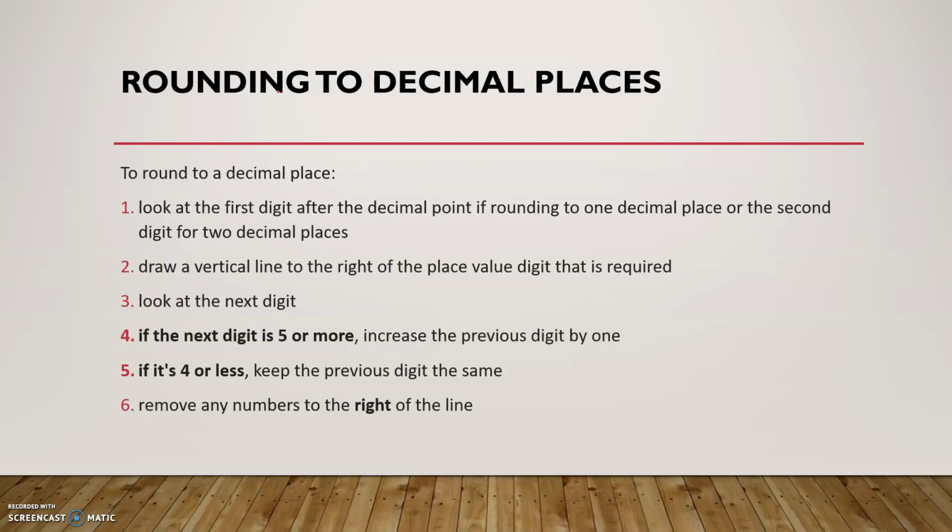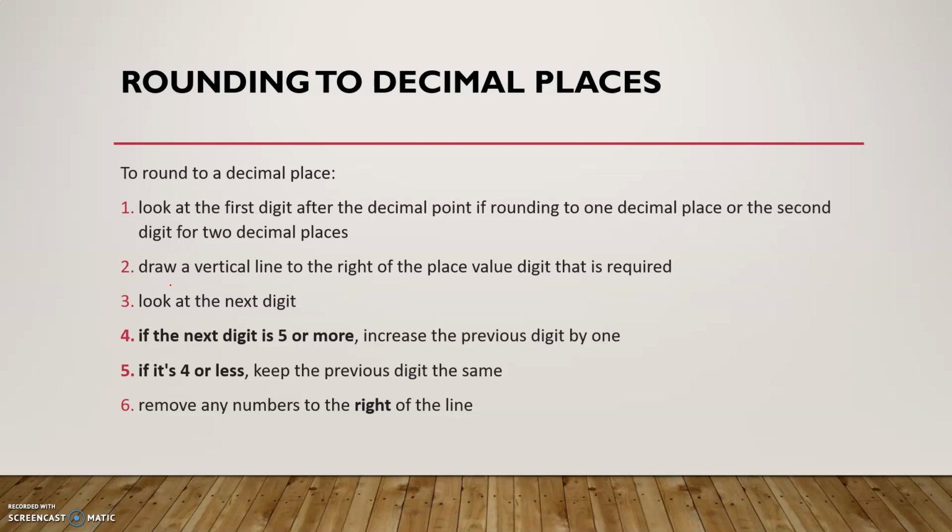Moving on to the next section of this tutorial, which is rounding to decimal places. Here we go, some rules. Rule number 1, look at the first digit after the decimal point if rounding to one decimal place, or the second digit for two decimal places. Rule number 2, draw a vertical line to the right of the place value digit that is required.